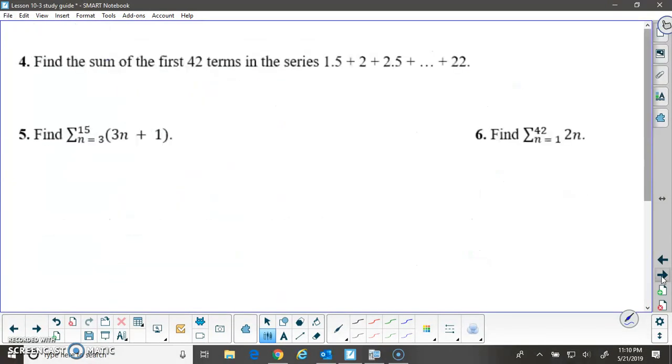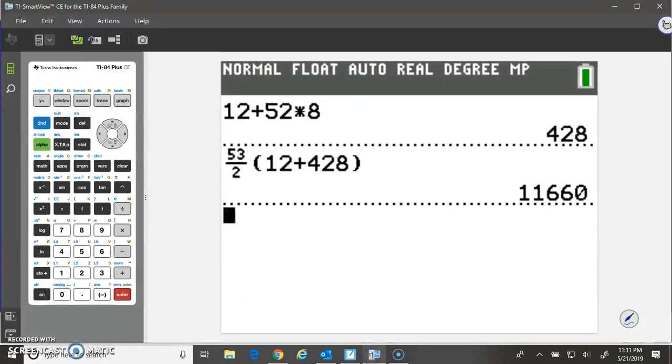Number 4 says find the sum of the first 42 terms. And you can see the first term is right here. You can see the last term is right there. So pretty simple using the formula. The sum of the first 42 terms would be 42 divided by 2 times 1.5 plus 22. And if we go to the calculator on that, let's change that 53 into a 42.